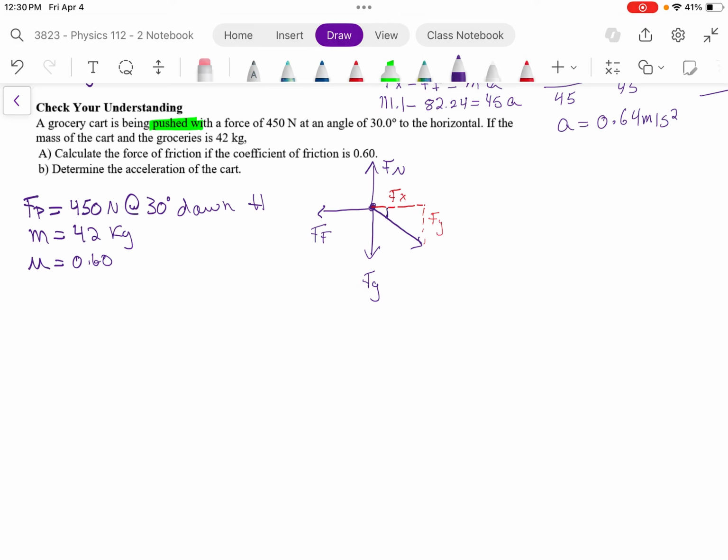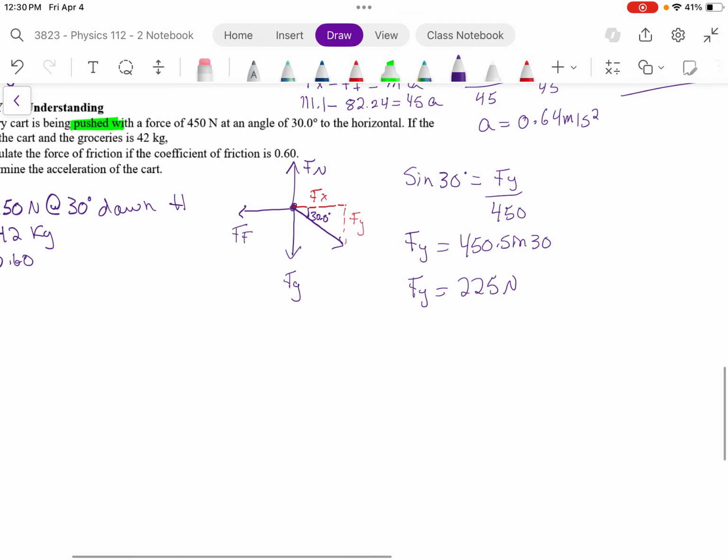This angle is 30 degrees, and we're looking for our Fx and our Fy. So we have sine of 30 degrees is equal to our opposite over our hypotenuse. And so Fy is equal to 450 times sine 30. So our Fy is 225 newtons.